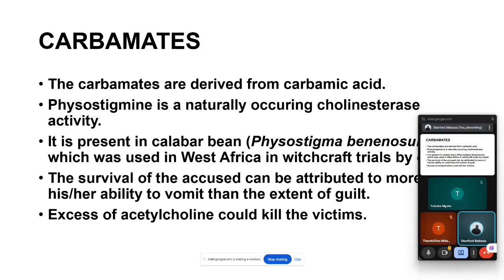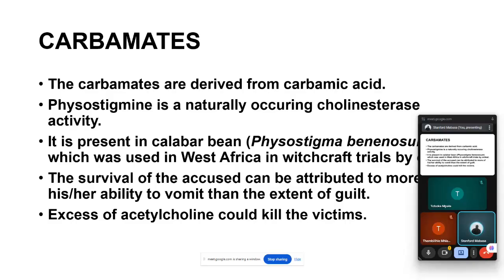This could be interesting. Some people who do what is known as witch hunting may actually use this substance. They give it to people, to suspects, so that they eat this calabar bean. It usually happens in West Africa, and probably even in Zimbabwe, I think so. Now, if somebody eats this calabar bean, the person may actually die.